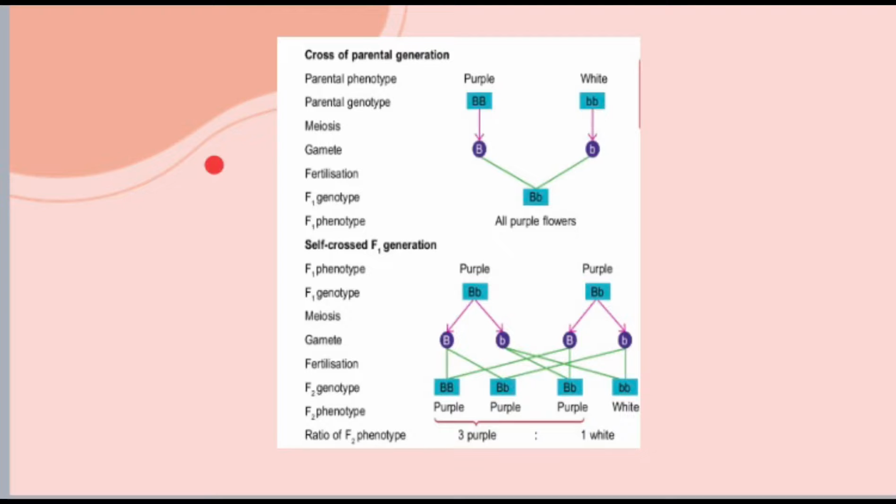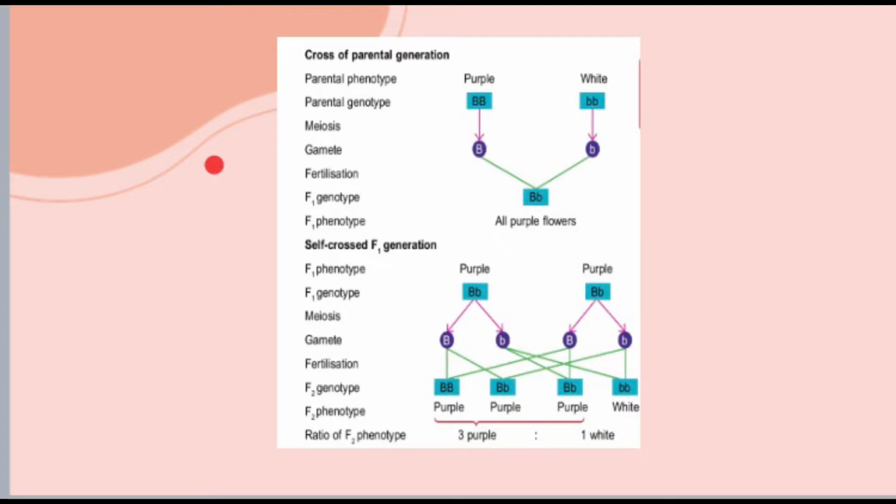So when fertilization happens, the product of the genotype will have a variety, such as about 25% will be both capital letter B, and the color is going to be purple.